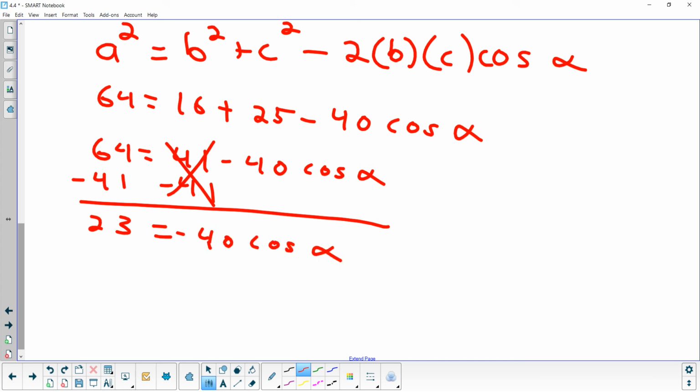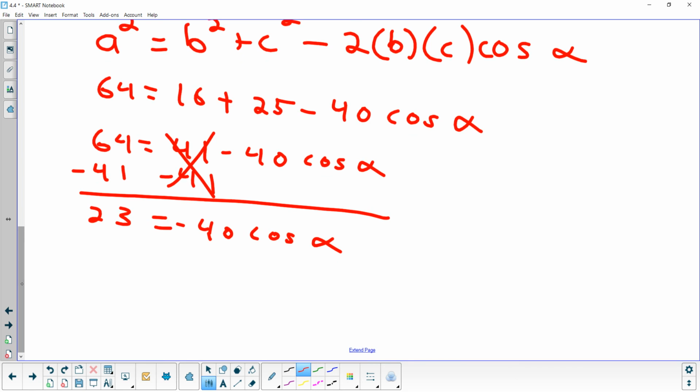All right, and now I have 2 steps left. Mateo, what would be my next step? You add the 40 to both sides. If we had a plus sign in here, then adding 40 would be the opposite of subtracting 40. But what operation do we have between the negative 40 and the cosine? Multiplication. So what's the opposite of that? Division. So we want to use division. And what would you divide both sides by?